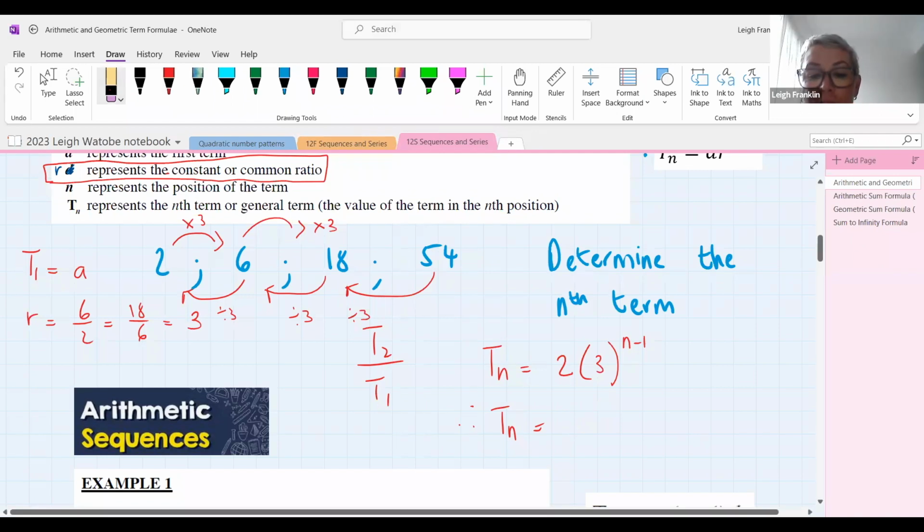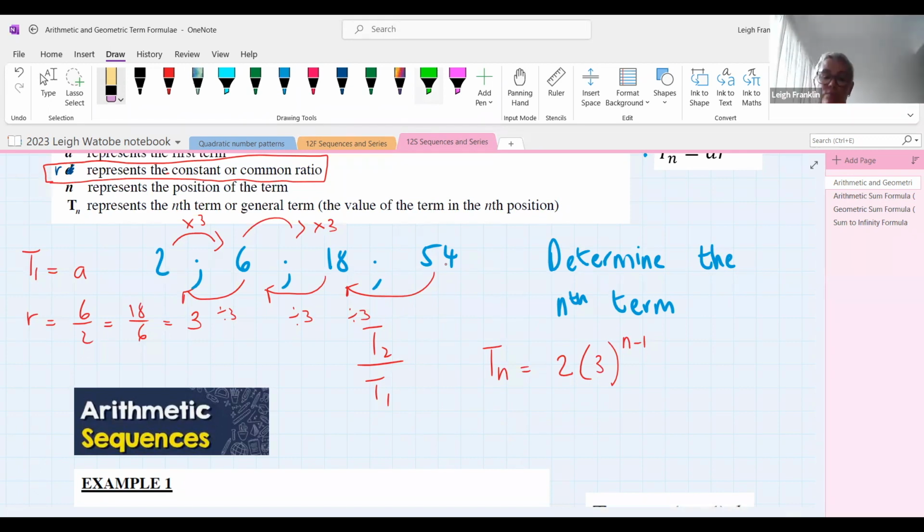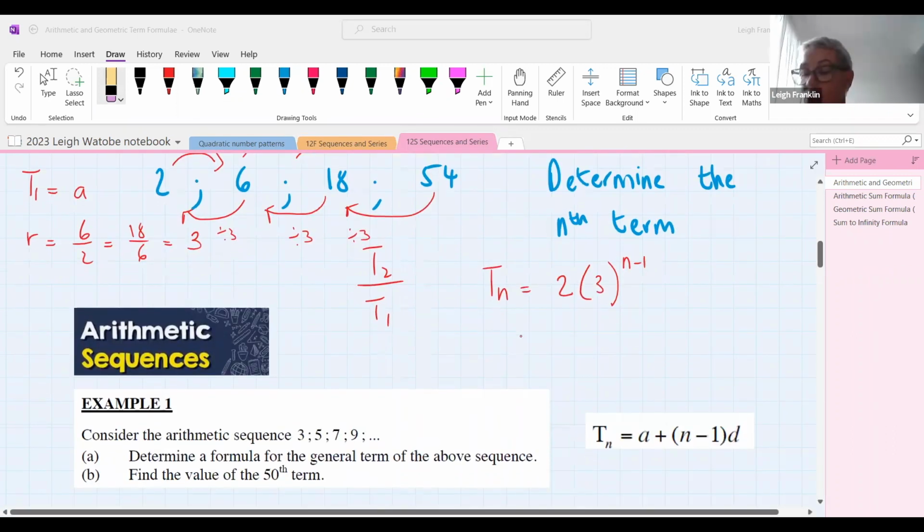Why am I not allowed to do that? Exponential rules. Exactly. Because my bases are different, I'm not allowed to add or multiply my exponents together. So I've got to leave it as 2 times 3 to the n minus 1. Lovely, well done.